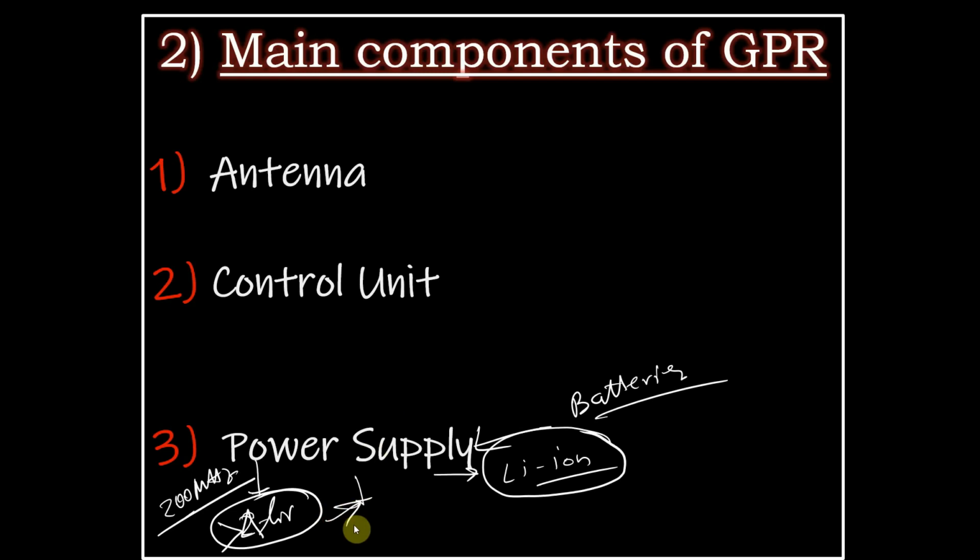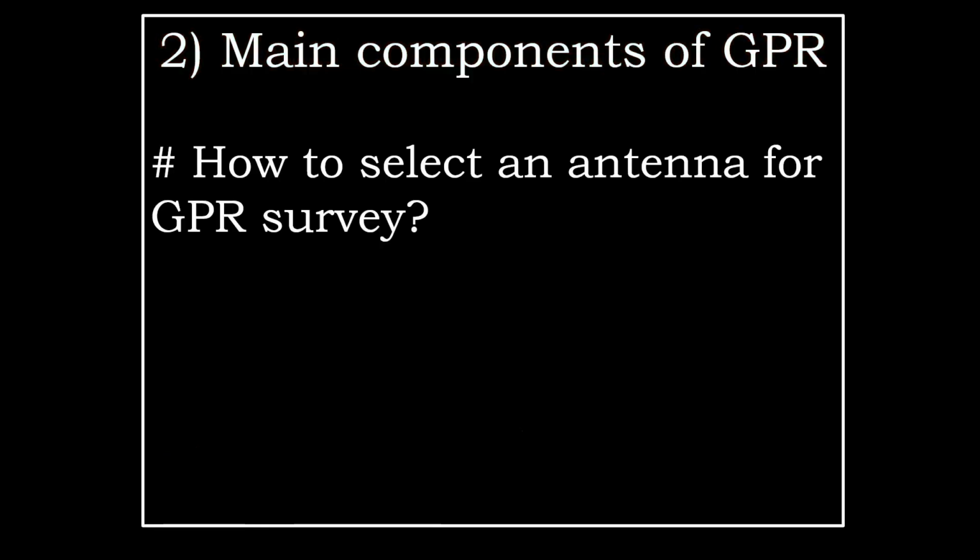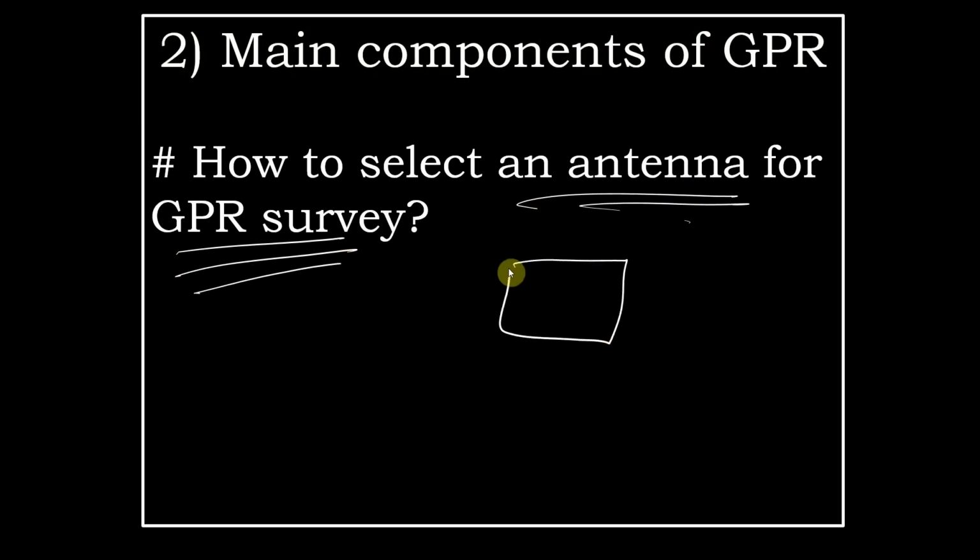Now let's come to the important question here: how to select an antenna for the GPR survey? Which antenna should you buy, which transmitting frequency, which antenna type should you buy? Suppose you have the control unit, and remember, these are very independent units. The control unit is your independent unit, and your antenna is an independent unit.